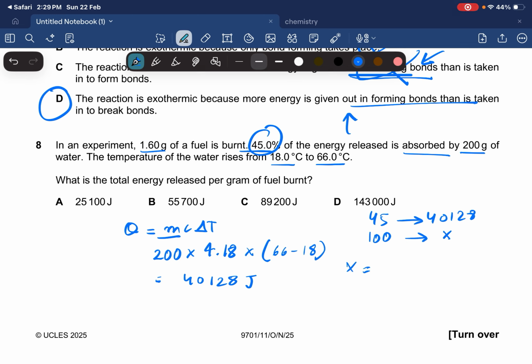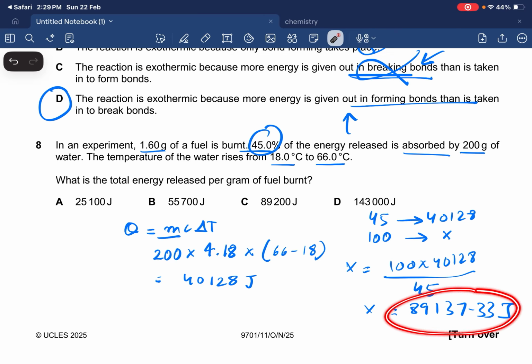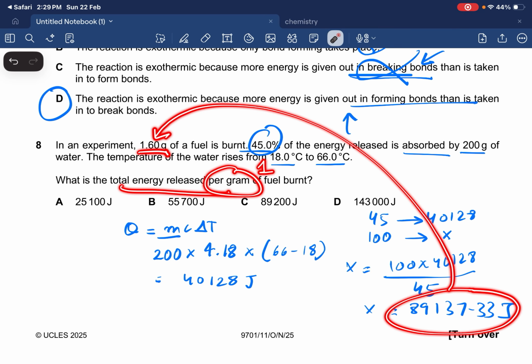The value of x comes out to be 100 into 40128 divided by 45, and that is 89137.33 joules of energy. Now this is the energy that's released by 1.6 grams of fuel. We've got to find the energy released per gram, that means 1 gram of fuel.